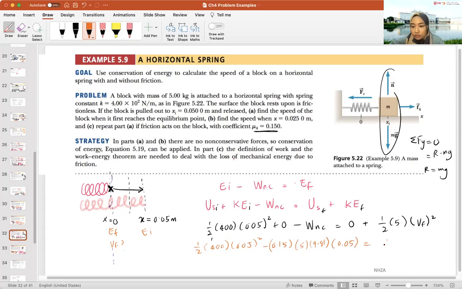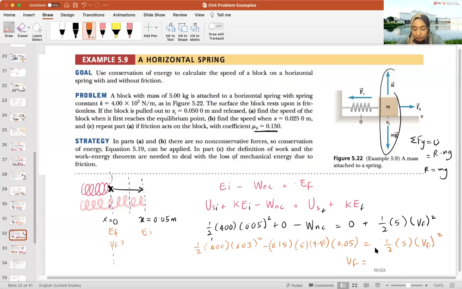and then this is equal to 1/2 5 V final squared. So V final, we are expecting a smaller V, remember, because we are losing energy to non-conservative forces and that energy cannot be recovered because it is non-conservative. Panjangnya nak kira.